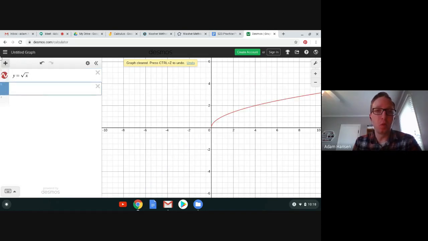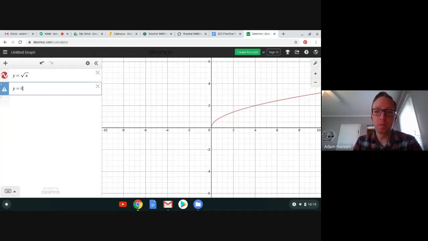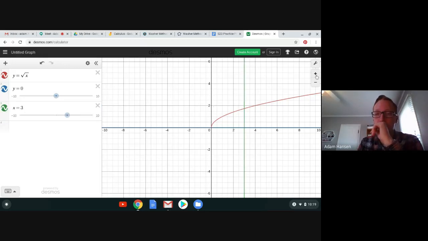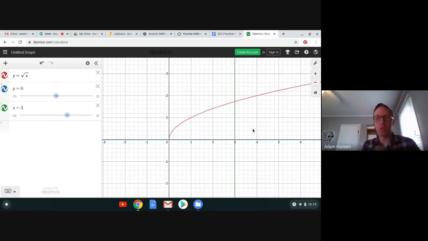So y equals the square root of x. We also had y equals 0 and x equals 3. All right, so here is our region. And first up, we're going to rotate it around the x-axis.